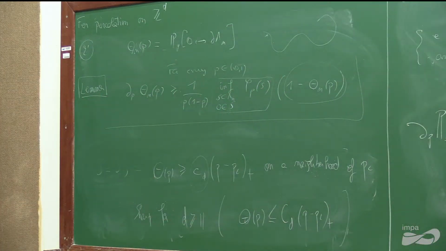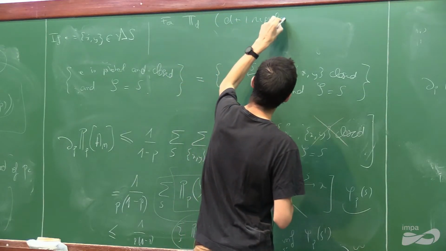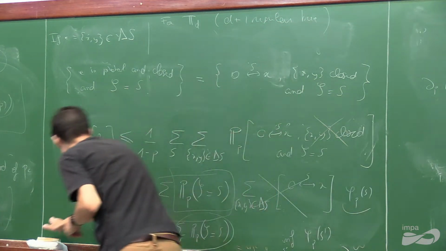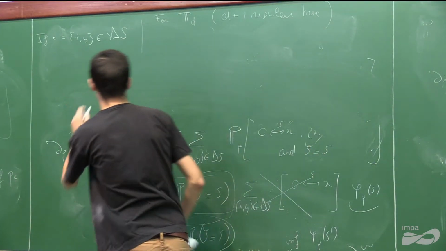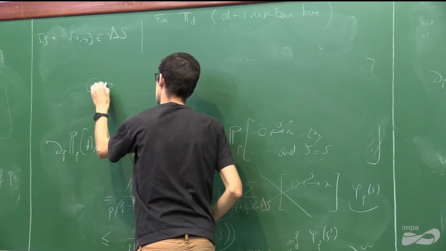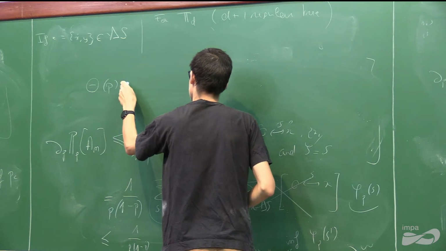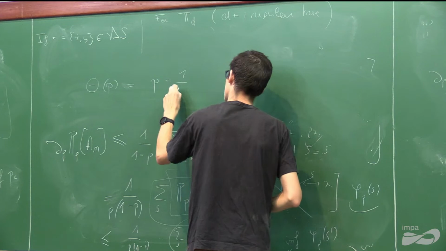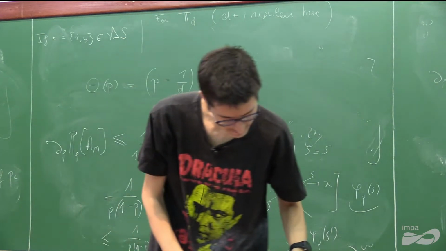so for phi d, the d plus 1 regular tree, if you remember, and if you have done your homework, what we have is that theta p is equal to p minus 1 over d. Let me see, I have written the expression.